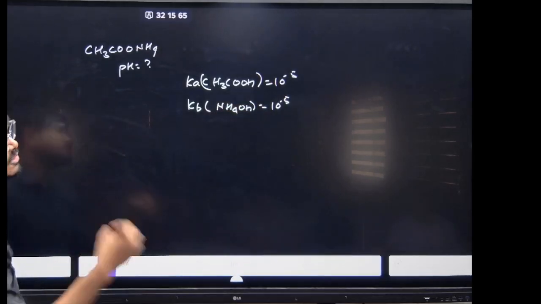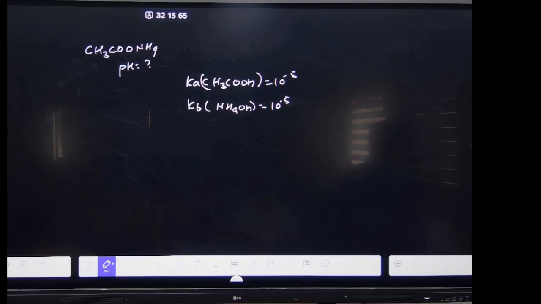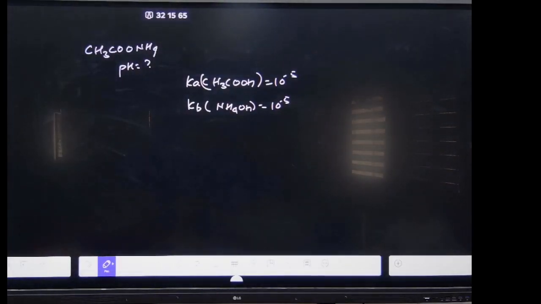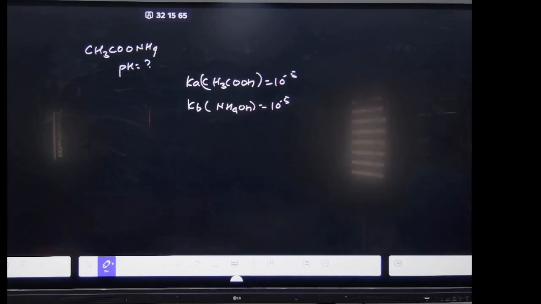Can you find out the pH for this one? What will be its pH?